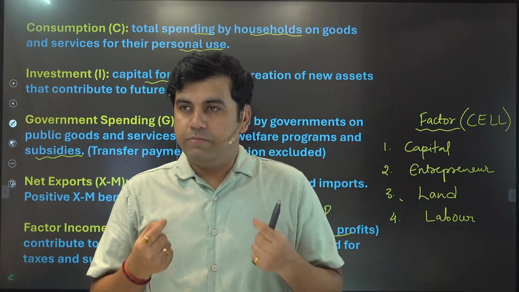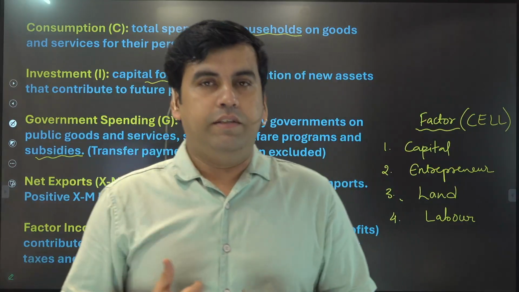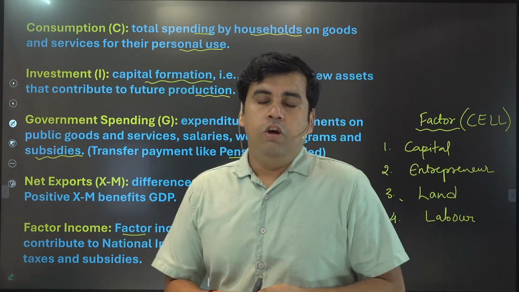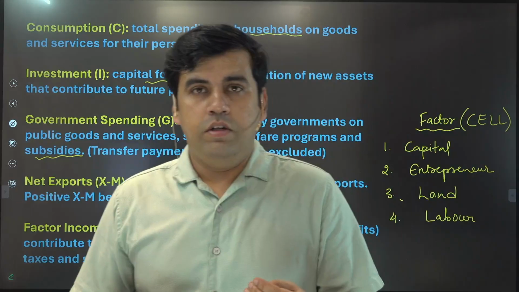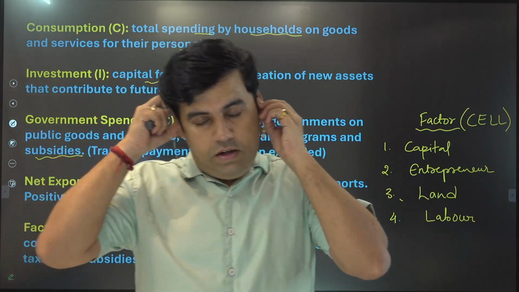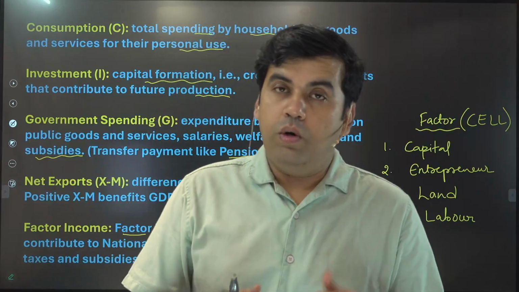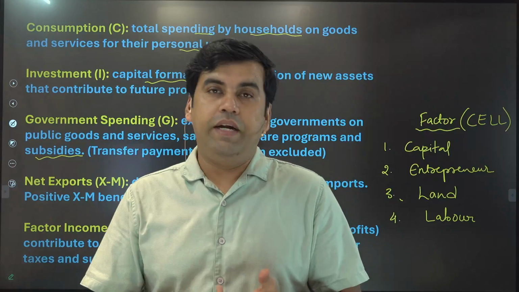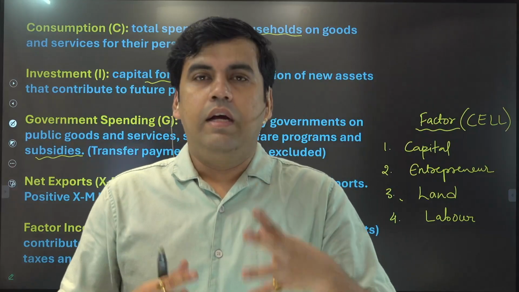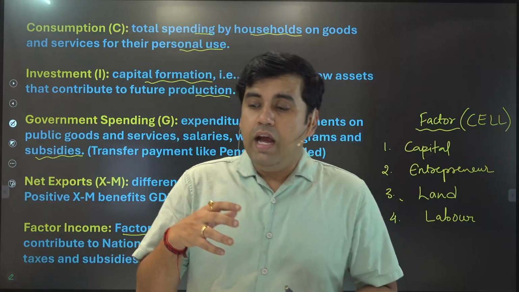Apart from the expenditure method, there is another method known as the income method, in which we calculate the income earned by the factors. There are four factors that earn four different kinds of payments: labor earns wages or salaries, land earns rent, capital earns interest, and entrepreneurship earns profit.